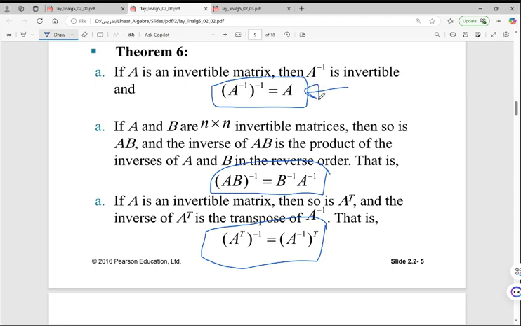The first point is (A^-1)^-1 is A. Inverse of A^-1 is A. If you apply two inverses, it will be A. If you apply three inverses, it will be A^-1. If you apply eight inverses, it will be A. If you apply an even number of inverses, it will be the original matrix A. If you apply an odd number of inverses, it will be A^-1. Alright, this is one point.